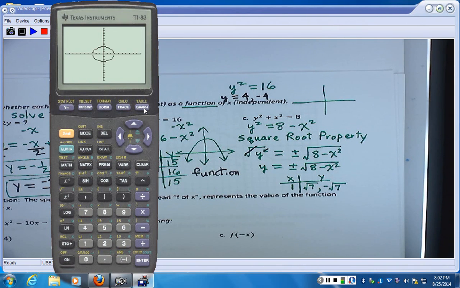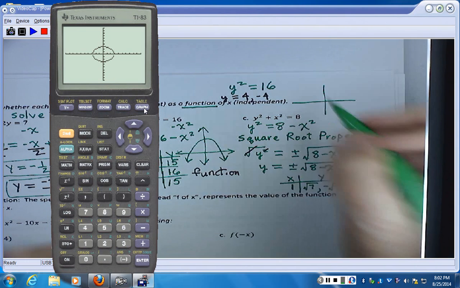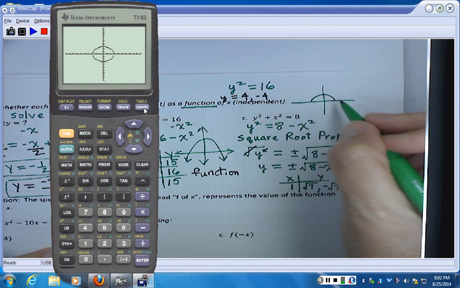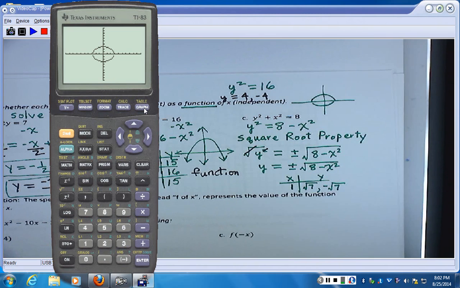There's the other half. And when we do the vertical line test, we go through 2 points, except at the ends. All right? So there it is graphed. So I'll sketch that. It looks like this. Kind of.